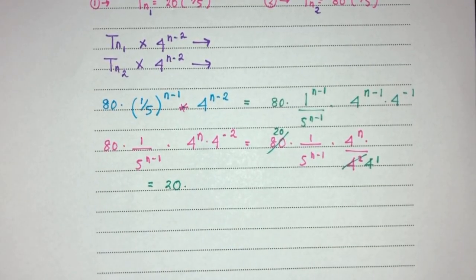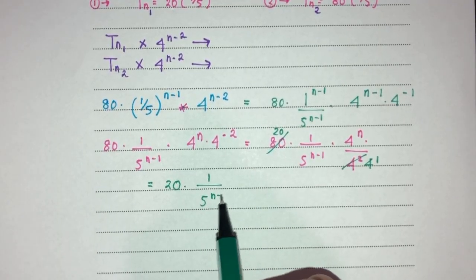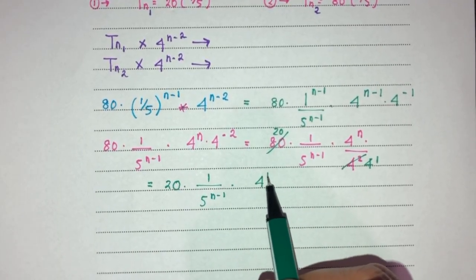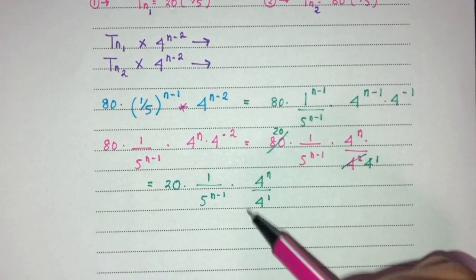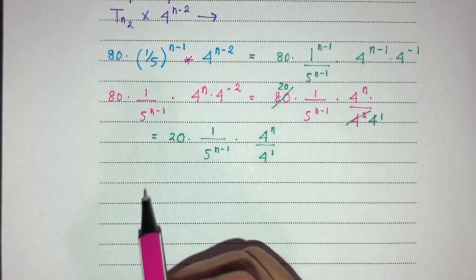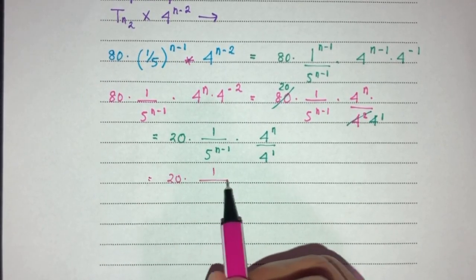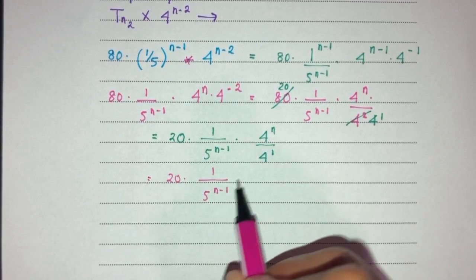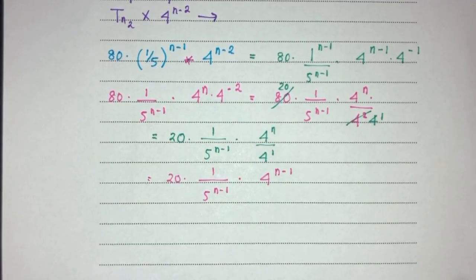I forget about this. And then here I have 1 over 5 to the n minus 1, and here I have 4 power n over 4 power 1. Now can I simplify this? Yes, of course. That should become 20 times 1 over 5 to the n minus 1 times 4 to the n minus 1.